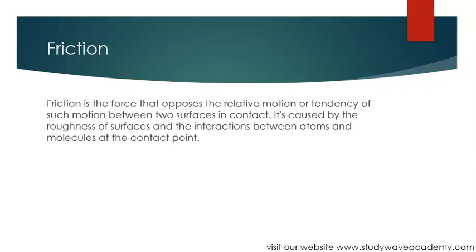Friction is the force that opposes the relative motion or tendency of such motion between two surfaces in contact. It's caused by the roughness of surfaces and the interactions between atoms and molecules at the contact point.